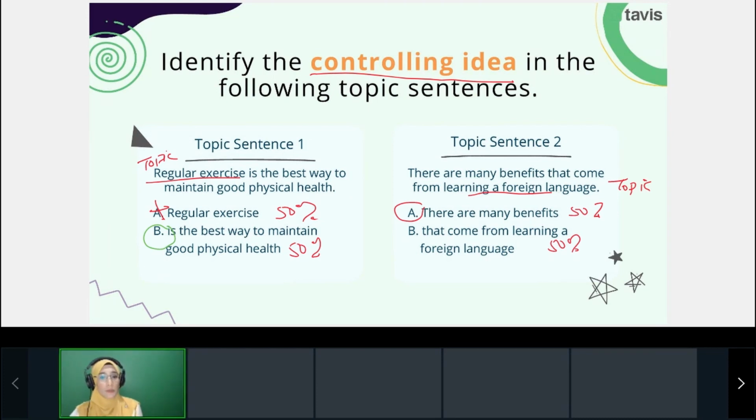So it's just to differentiate between the topic itself and the controlling idea. I hope you got that. So now we actually know how to write a topic sentence for your introduction. This is the topic and this is the controlling idea. Now you can have an addition, the whole explanation.